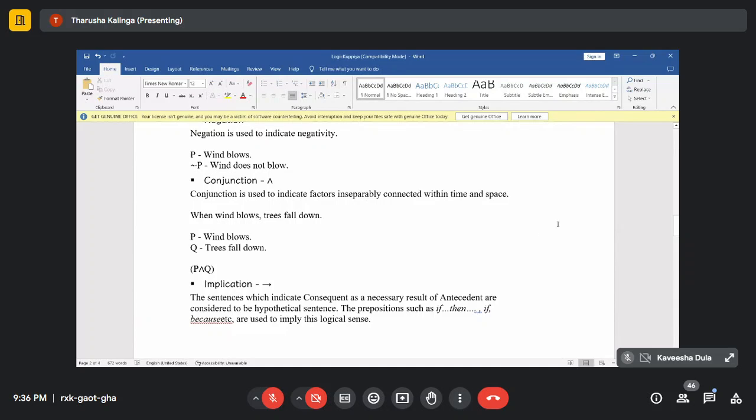So conjunction does not mean that the two things before the conjunction symbol and after the conjunction symbol should happen at the exact same time. It rather means those two factors are inseparably connected.